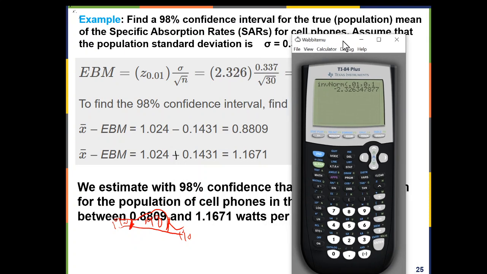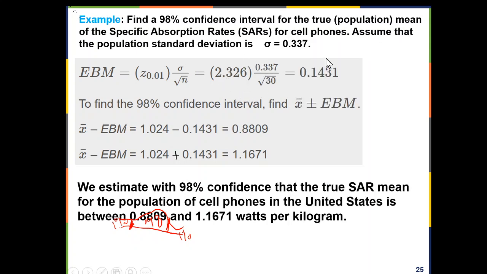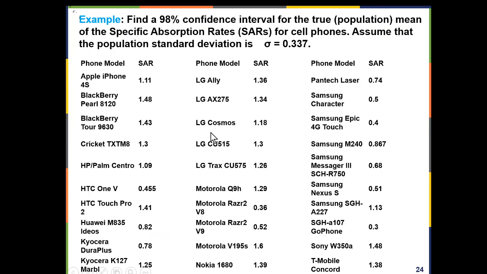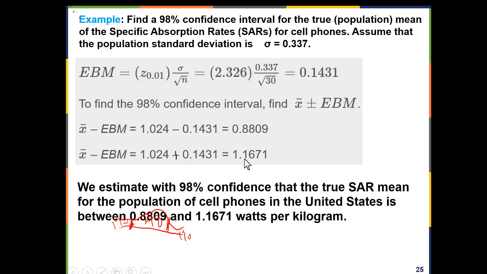So, of course, we don't use negative or positive, we just use the absolute value of it, because we are going to add and subtract this number. So it doesn't matter the sign. Okay, so we get that, and that would be the error. Now, we're going to have to find the mean of these numbers using the one variable stat, and then put it in this formula and add and subtract right here.